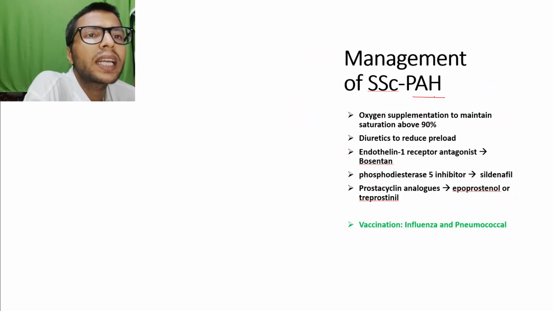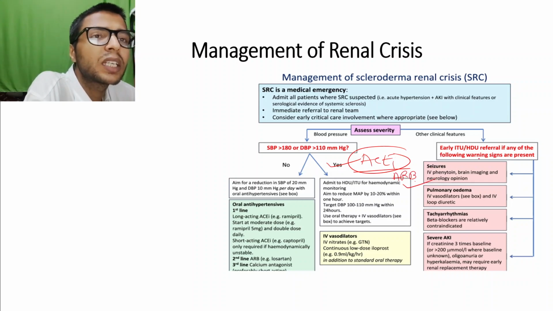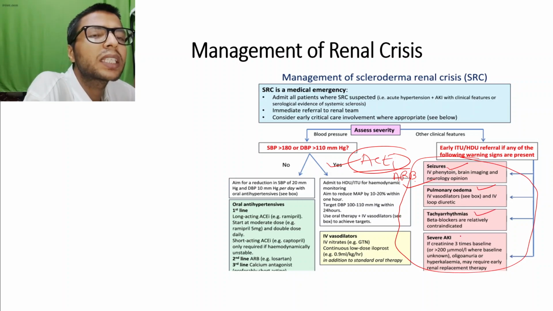And for pulmonary artery hypertension, we can use endothelin antagonist, phosphodiesterase inhibitor, inhaled prostaglandin analogs like iloprost, and also vaccinate. For renal crisis, we prefer ACE inhibitors like captopril. But if ACE inhibitors are not available, then we can also choose ARBs. Okay. And in addition, we have to manage associated symptoms like seizure, pulmonary edema, tachyarrhythmia, severe AKI.